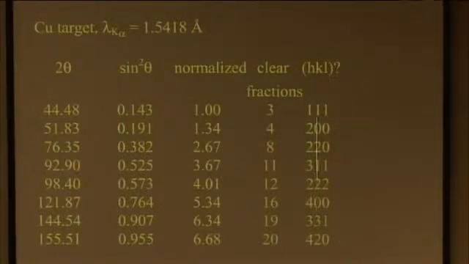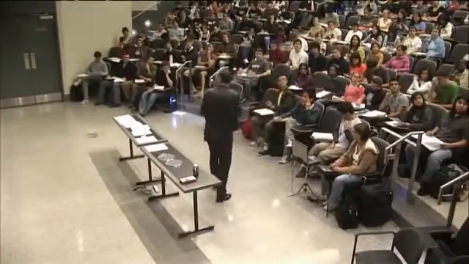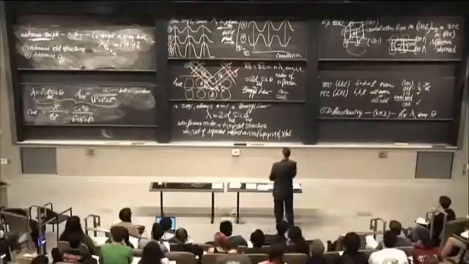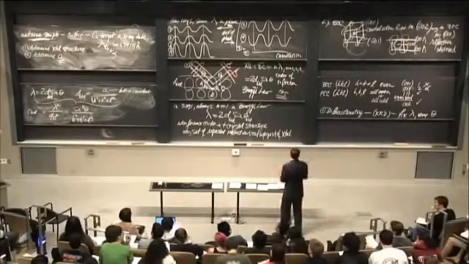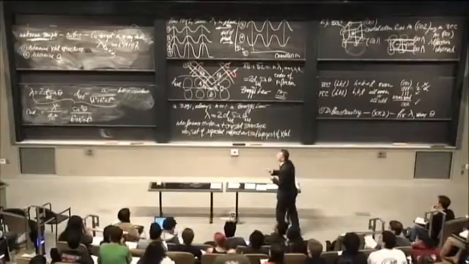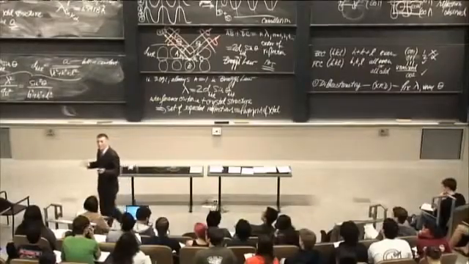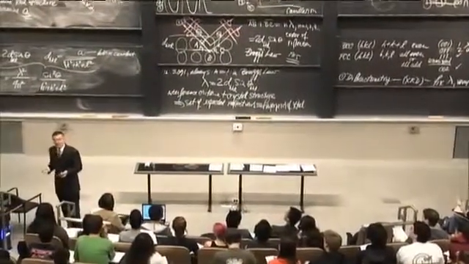So I'm generating this thing. And now it's pretty obvious, right? Because now I've got to use these. And what do I see here? Well, 1, 1, 1 are all odd. 2, 0, 0, all even. 220, all even. Gee, this looks like it conforms to the selection rules for Bragg reflection from an FCC crystal.